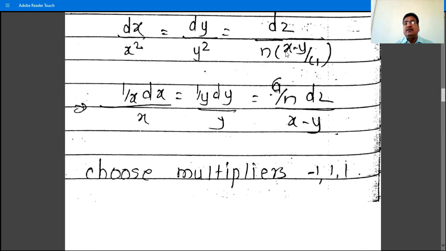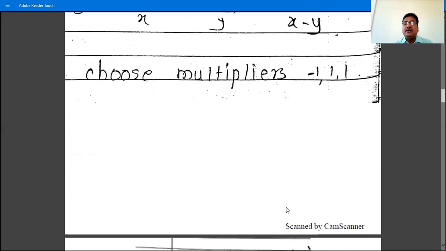Shift this c1 and this n to the numerator. If you observe x, y, and x minus y, we say that the multipliers are minus 1, plus 1, and plus 1. So directly we can apply these multipliers.